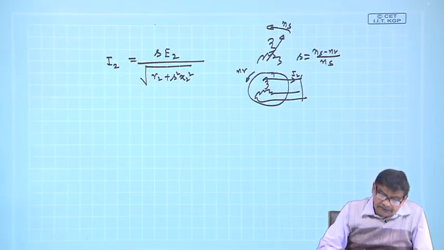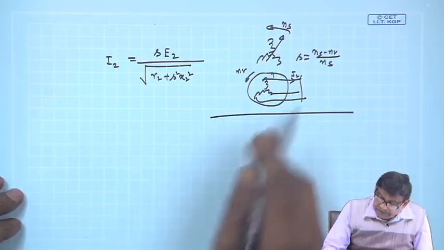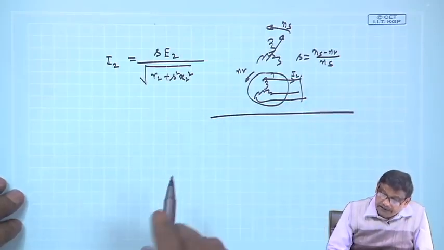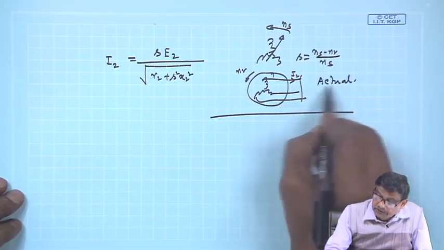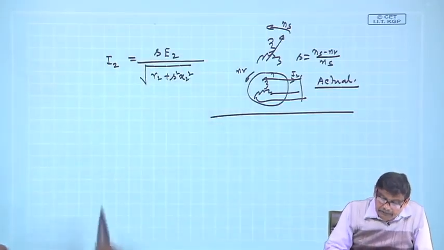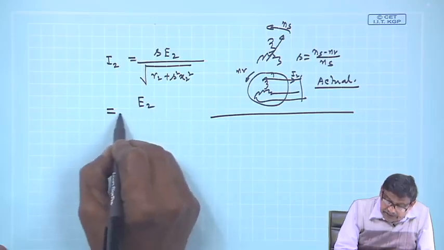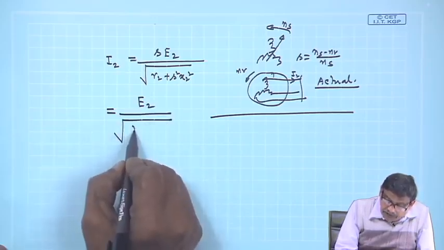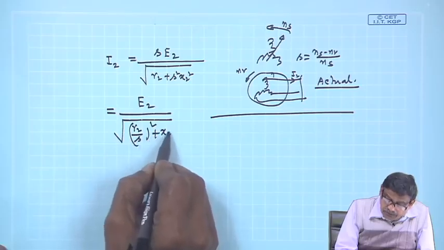Let us consider, this is another step I am telling you, listen. This is the actual motor, this is the thing we are trying to analyze, draw the equivalent circuit. Then I saw that this can be written as E2 by root over R2 by S whole square plus X2 square.